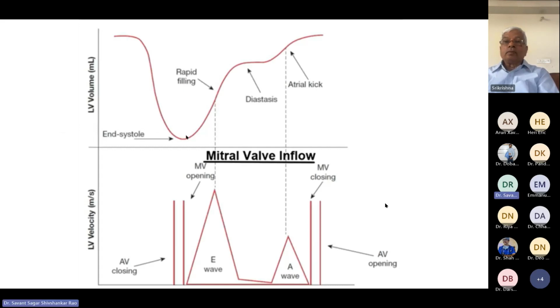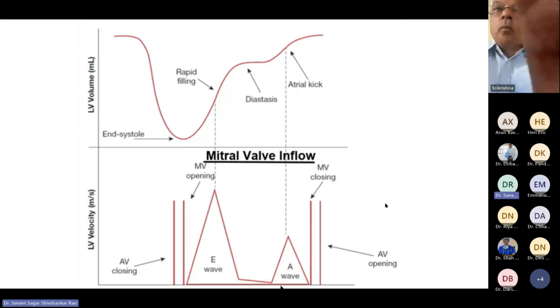In diastole, there is a rapid filling, which on pulse wave Doppler we get as the E wave, followed by a diastasis, which is followed by the atrial kick, which gives a similar A wave pattern in the pulse wave. So these two, the E wave and A wave, are used in diastolic dysfunction grading.